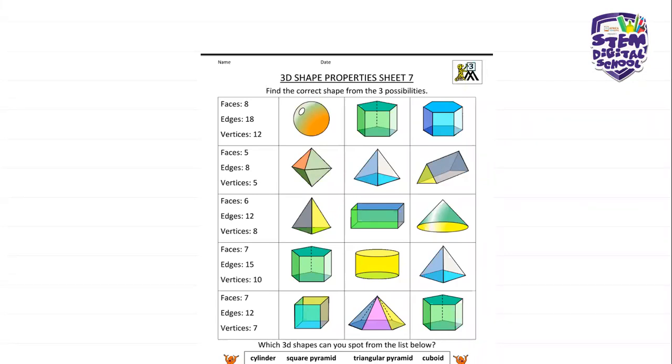But remember, even the pentagonal prism also has 7 faces. But the distinction here will be on the vertices. So the vertices will be 7 for the hexagonal pyramid. There are 7 vertices. That's what makes the two different.